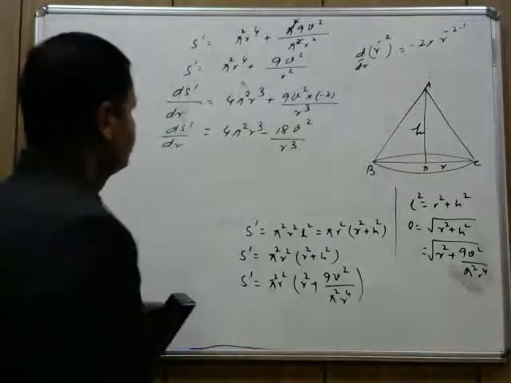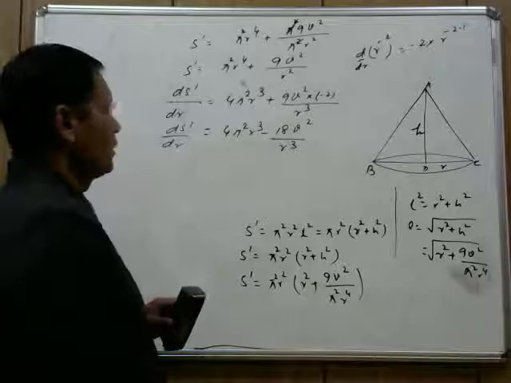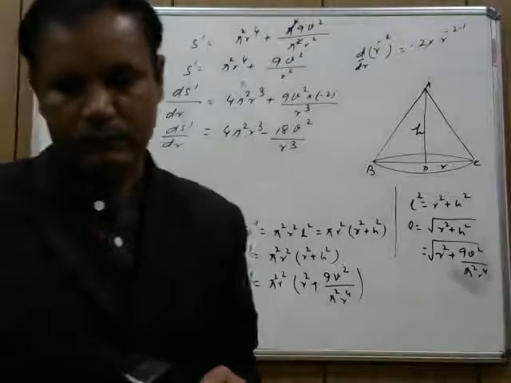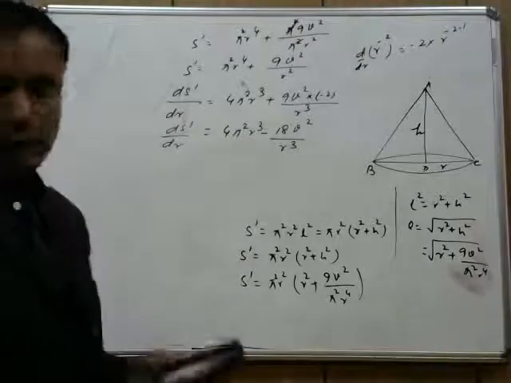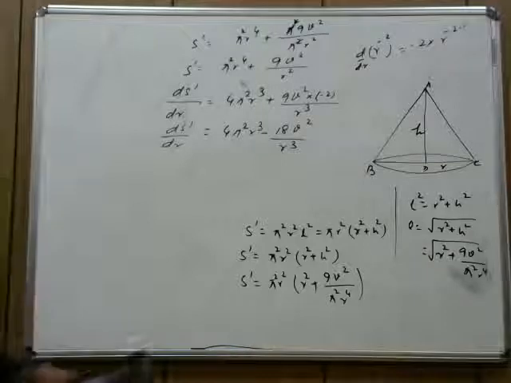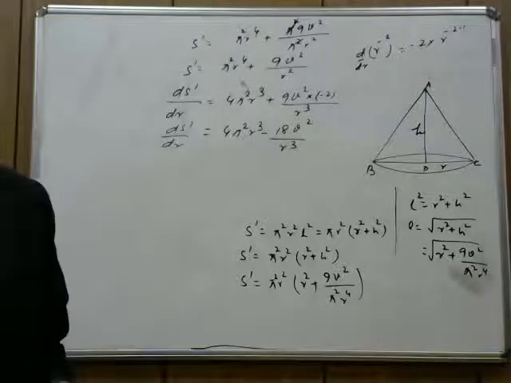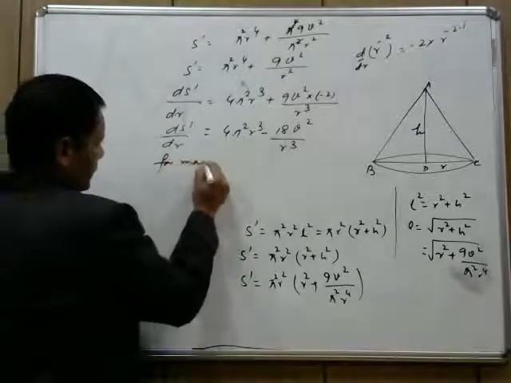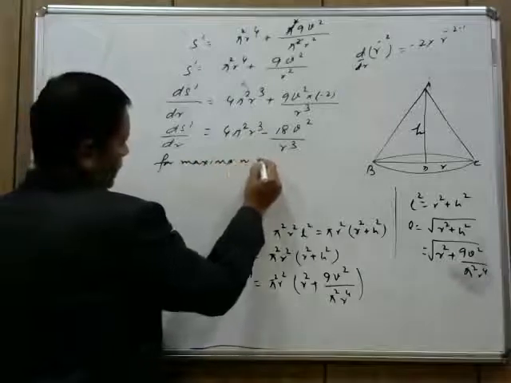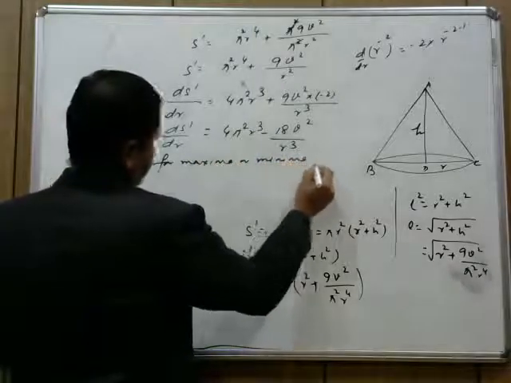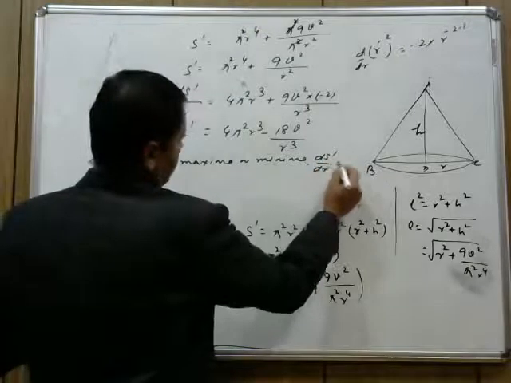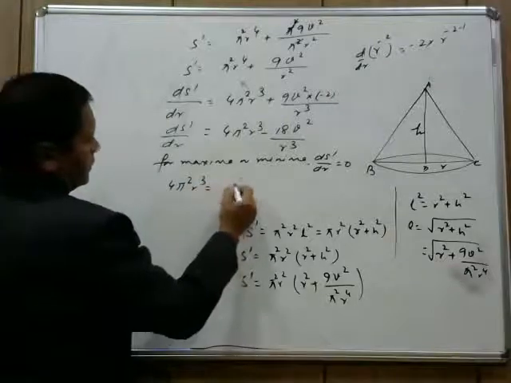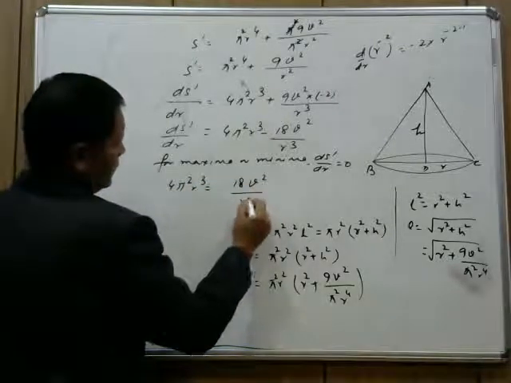And we know that for maximum or minimum, dS' upon dr is equal to 0. Right? Now 4 pi square r cube is equal to 18v square upon r cube, that we can write. And therefore for maxima or minima, dS' by dr equal to 0, it implies that 4 pi square r cube is equal to 18v square upon r cube.